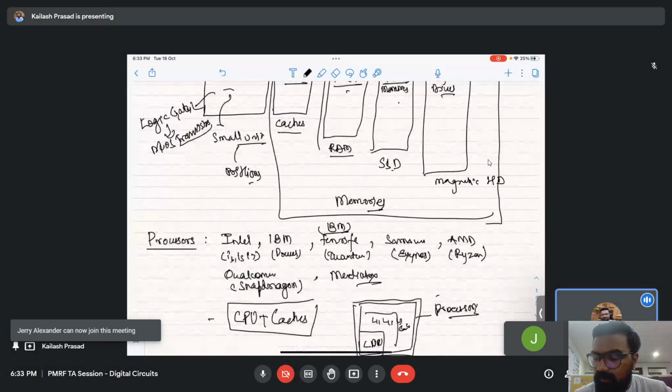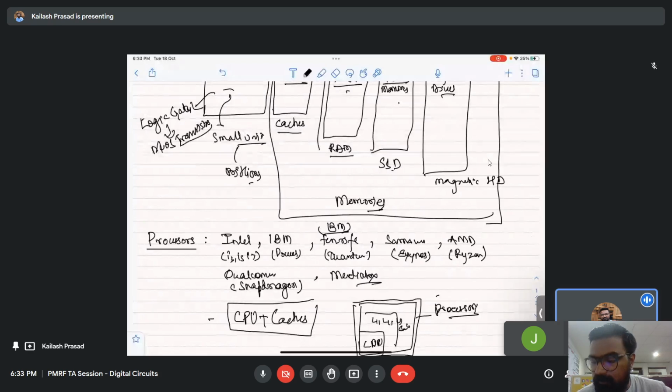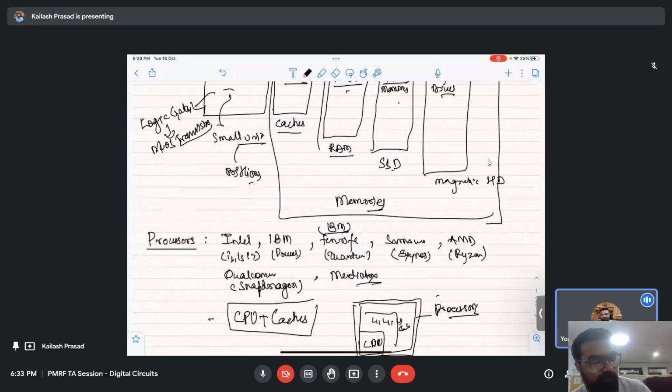That is the reason why, when you want to build your profile in this domain, you should understand each of these things: how it works, and the working of each individual component, right?